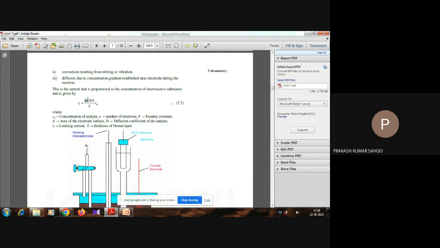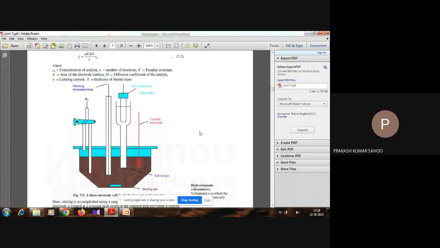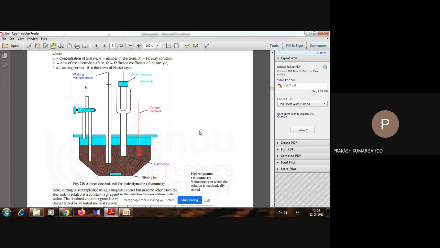Then A is the area of the electrode surface, and D is the diffusion coefficient. Then I is the limiting current or maximum current, and delta is the thickness of the nernst layer. So just remember this equation of hydrodynamic voltammetry.